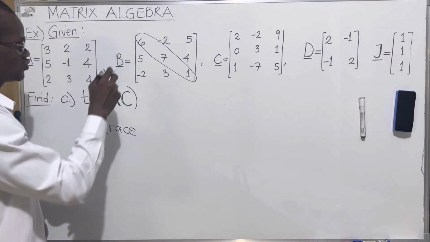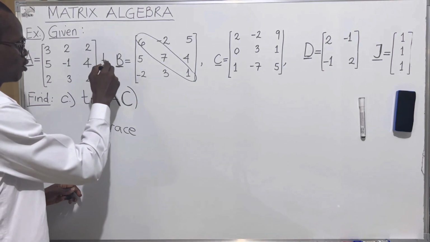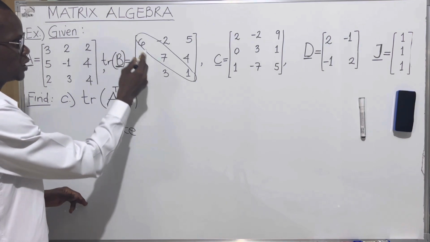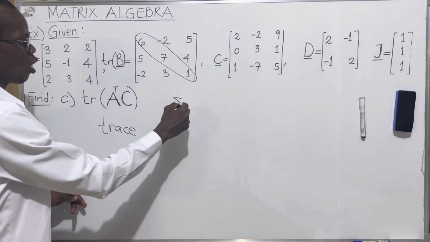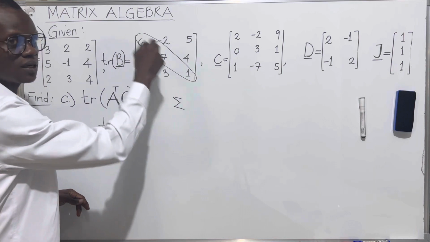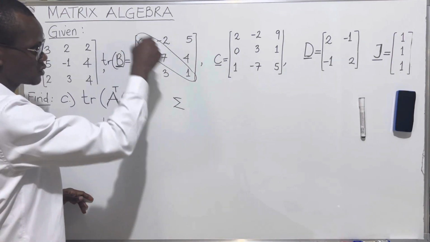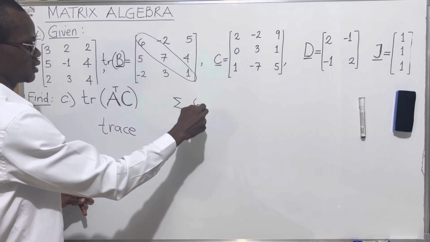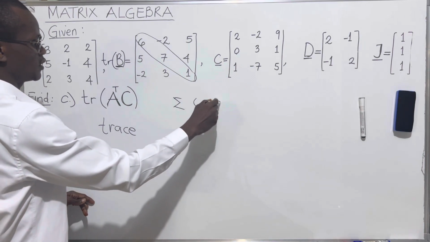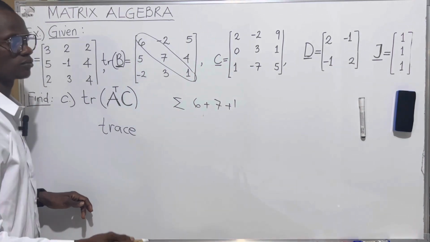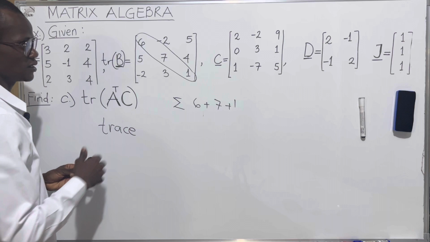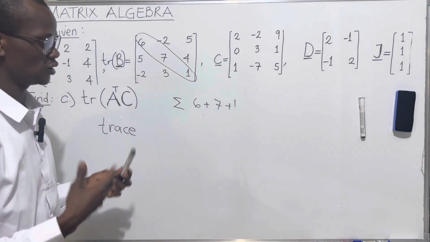If you want to find the trace of this matrix, the trace of B, it's just going to be the sum of the elements of this diagonal, which is 6 plus 7 plus 1. So that's how we find the trace of a matrix.